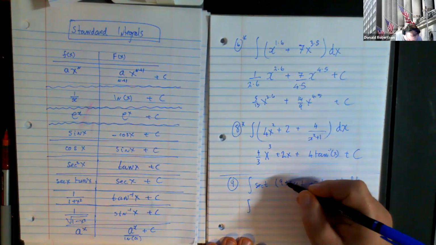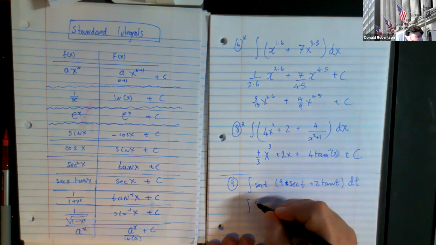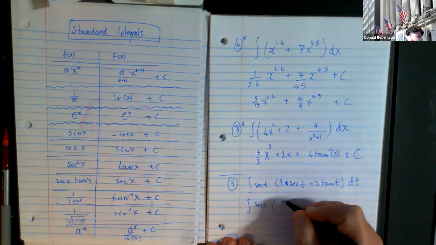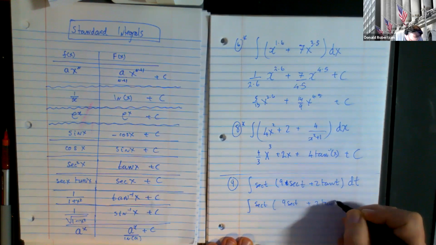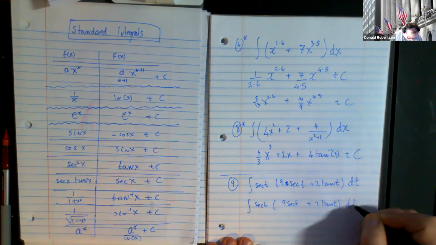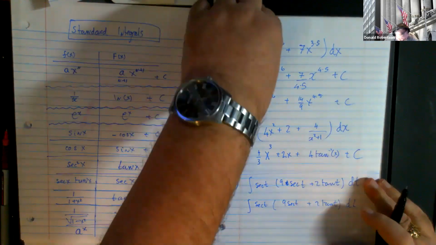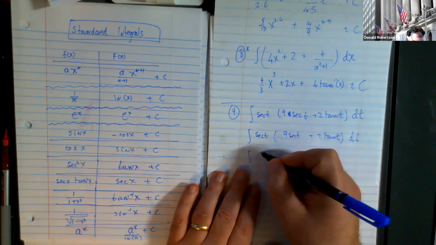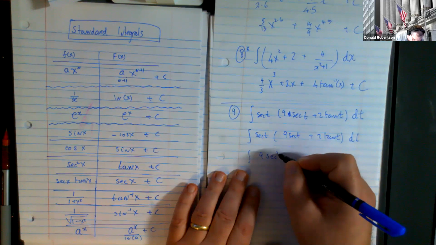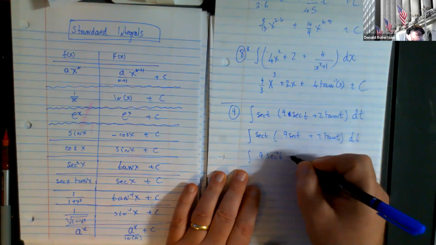I know where that thing there came from. I'll write it again. It's 9 secant t plus 2 tan t. That's the real question. First thing I'm going to do is distribute the secant, multiply it through.